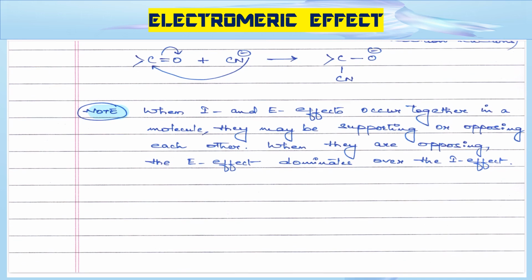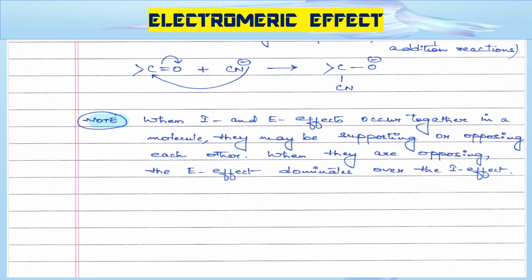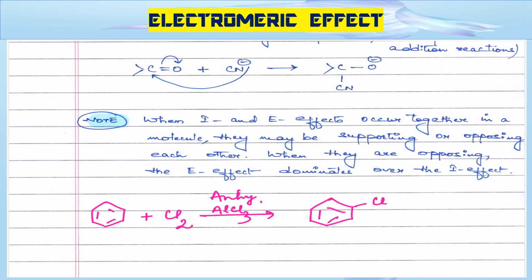Now let us understand this electromeric effect with the help of an easy example. Benzene undergoes many electrophilic substitution reactions. For example, when you treat benzene with chlorine gas in the presence of a Lewis acid, say anhydrous AlCl3, anhydrous aluminium chloride, which acts as a Lewis acid catalyst here, benzene will react with chlorine and give us chlorobenzene.